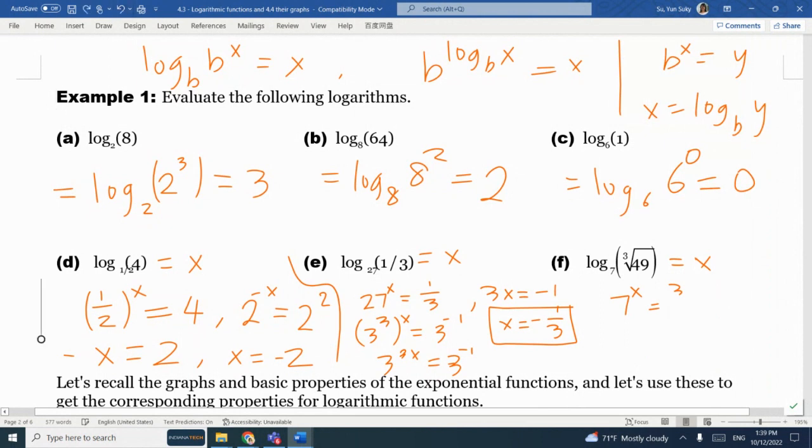The cube root of 49. So 49 is 7 squared, right? And the cube root is like to the 1/3, right, everybody? So this is the same as 7 to the 2/3.